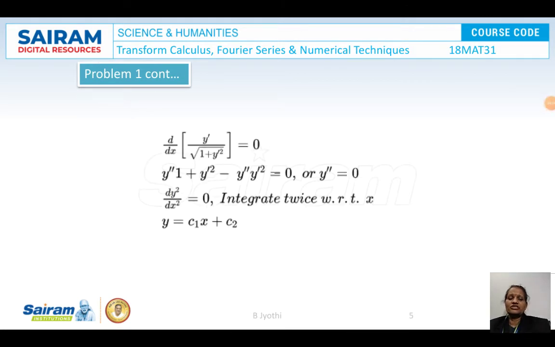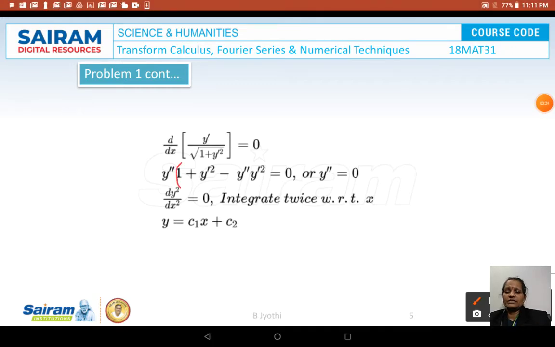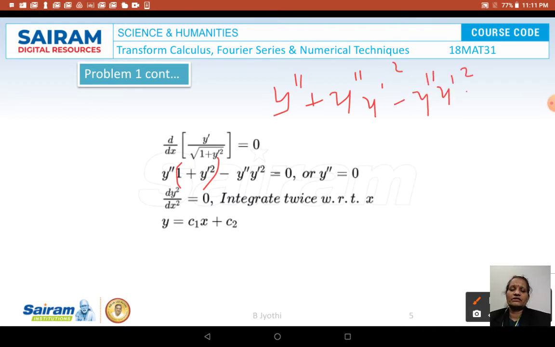On simplification, we get y double dash multiplied with 1 plus y dash square minus y double dash into y dash square. On multiplication, we get y double dash plus y double dash into y dash square minus y double dash into y dash square equals 0. So these two terms get cancelled and we get y double dash as 0.